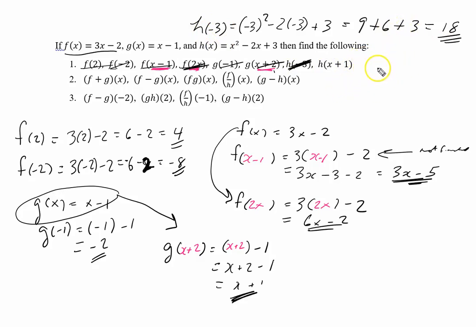Now let me rewrite the formula for h of x here. Now to get this one, I'm going to rewrite h and just have a blank parenthesis wherever the x was. And inside now, we're going to put x plus 1.